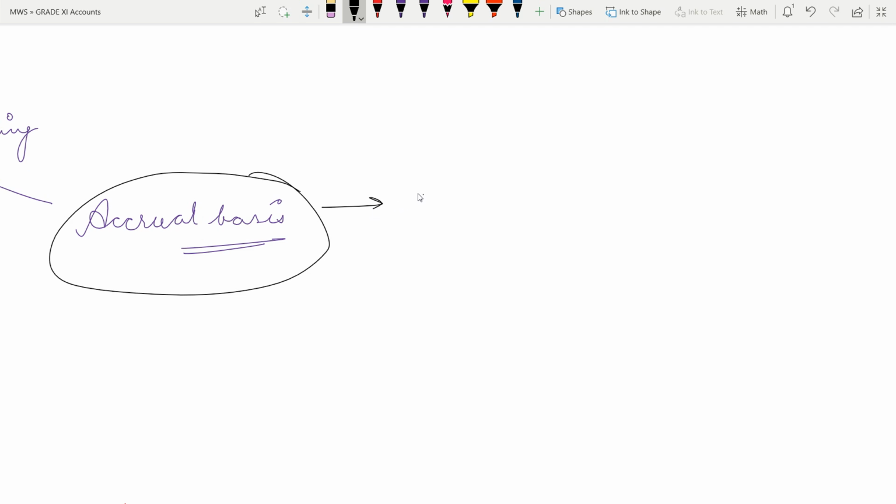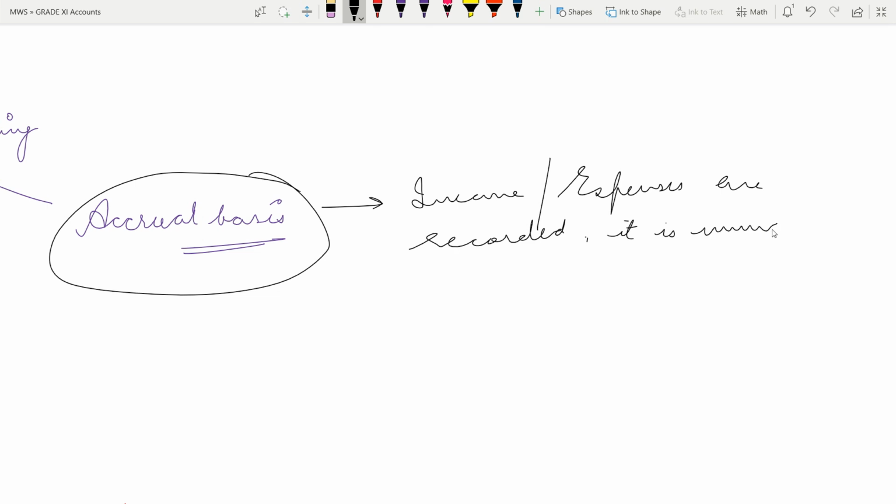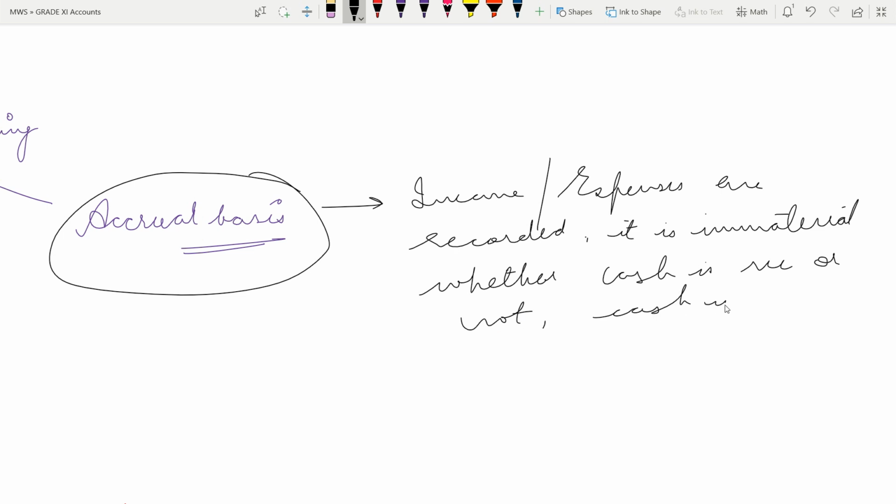Accrual basis of accounting says that incomes or expenses both are recorded. It is immaterial whether cash is received or not, similarly whether cash is paid or not.